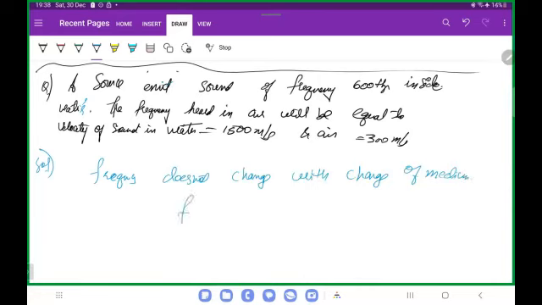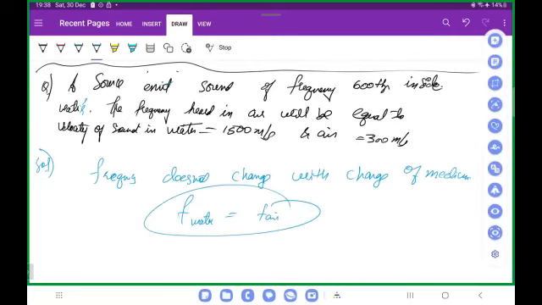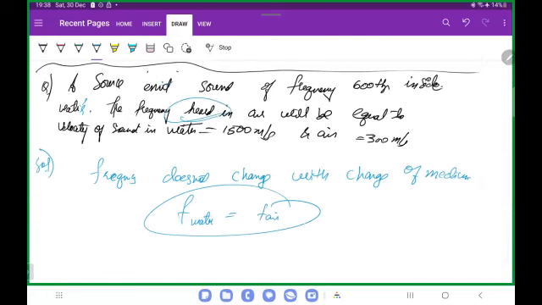So the frequency of sound in water equals that in air. It varies with all the other things I said before, but it does not depend on the medium, air or water, outside. That's what they're asking, no? If it's heard outside, how will it be? It will be 600 hertz.